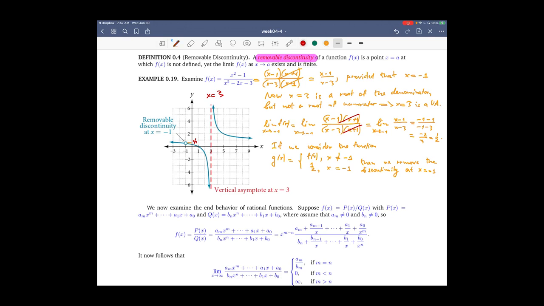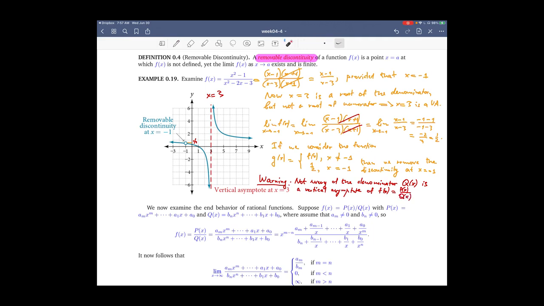So the important upshot here that I would like you to remember is that not every zero of the denominator q of x is a vertical asymptote of our function p of x over q of x.